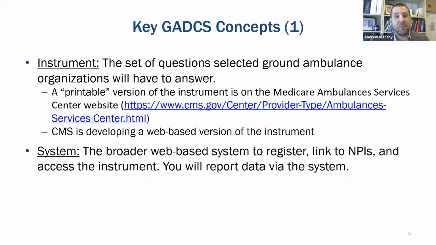It's a great way to accommodate all of the heterogeneity, all of the different characteristics of ground ambulance organizations that CMS knows are out in the industry. Very different looking organizations. And that web-based version will tailor your experience and the specific questions you'll have to answer to match up with your characteristics, rather than reading through a bunch of questions in the PDF that may not apply to you. So I'd encourage everyone to take a look at that printable version of the instrument.